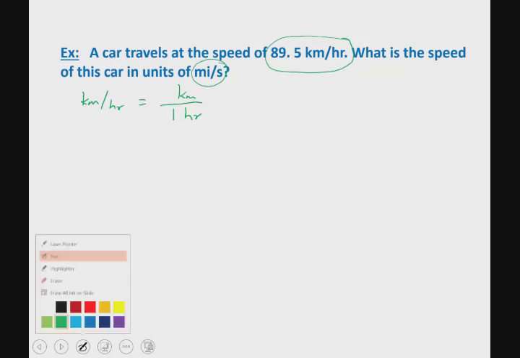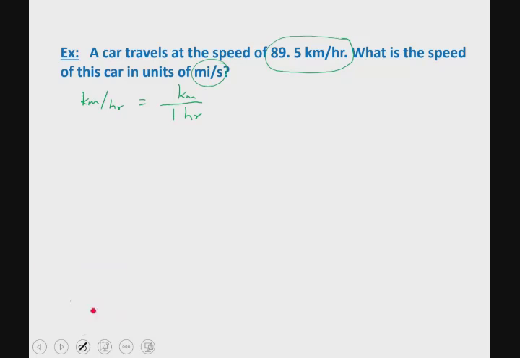In this problem, we need to do 2 conversions. One of the conversions is to go from kilometers to miles. And we know that 1 mile equals 1.609 kilometers. But the other conversion that you also have to carry out in this case is to go from hours to seconds.